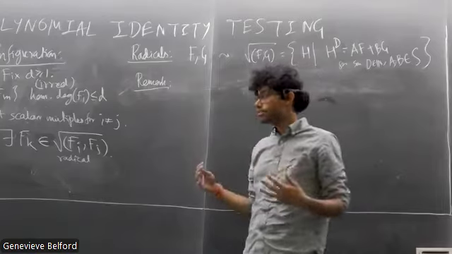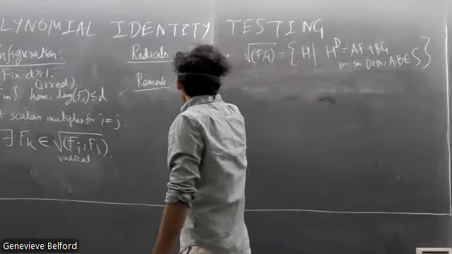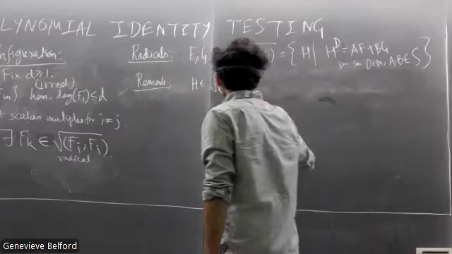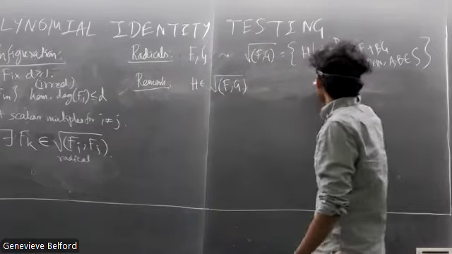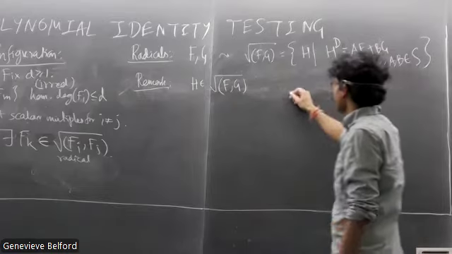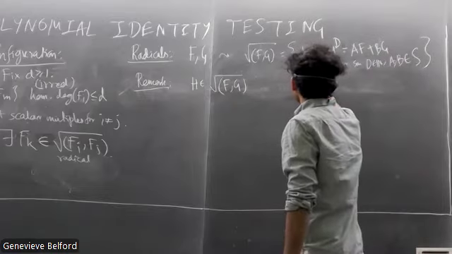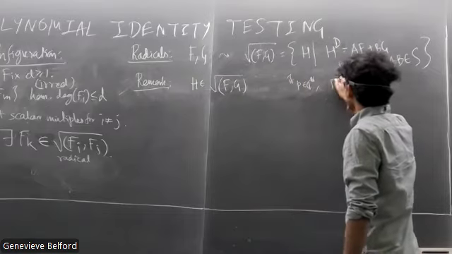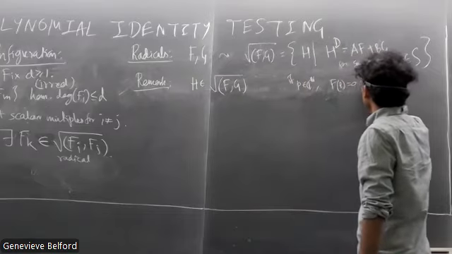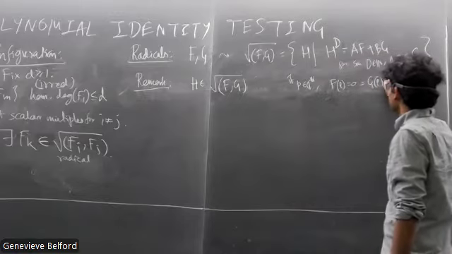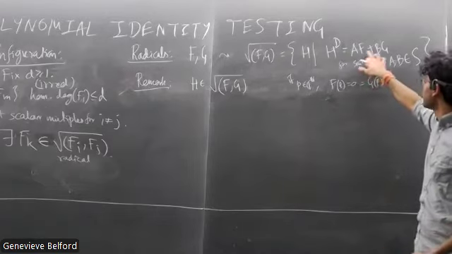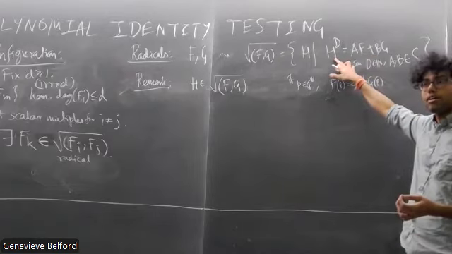So if h is inside the radical of (f, g), and I have an input p belonging to C^n, and suppose f(p) is equal to 0 and g(p) is also equal to 0, so f and g both vanish, then this equation tells me h also has to vanish.